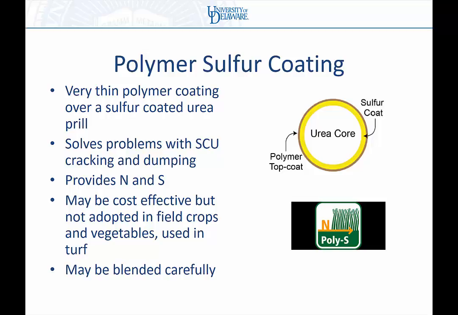So what's the benefit of doing this rather than a regular coated urea, for example? A little bit more stable, yeah. You get a little sulfur. I don't know where these really have a fit. They're used mostly in turf applications right now. But again, another technology you'll see out there.